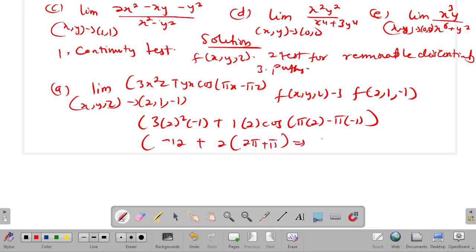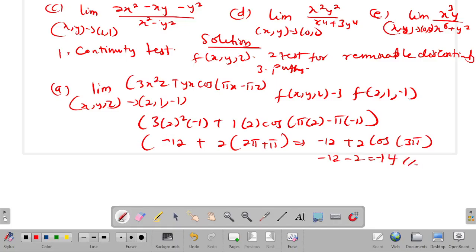That's cosine 3 pi. So negative 12 plus 2 times cosine of the expression 3 pi, right? Now, cosine of 3 pi is negative 1. So you get negative 12 minus 2, and that is negative 14 as our answer, right?